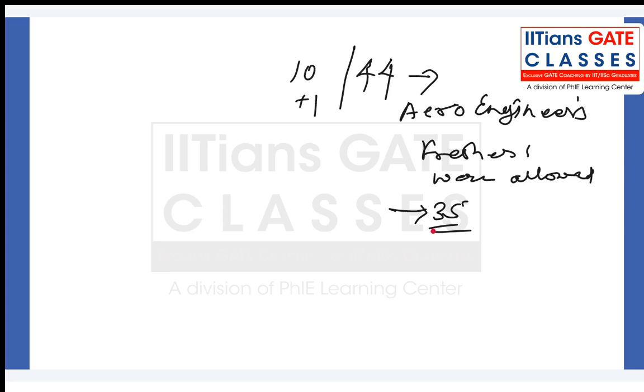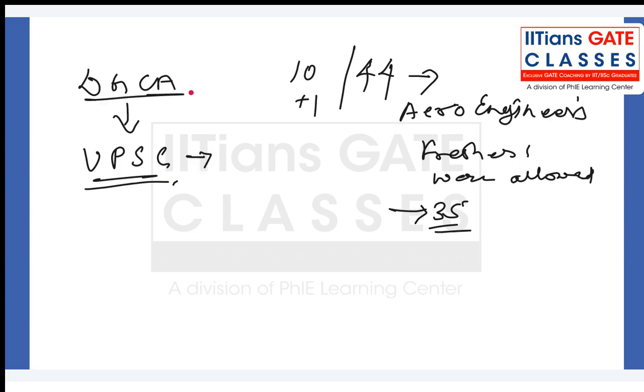Okay. And who conducted the DGCA exam, guys? DGCA exam conducted by UPSC. So you all know the standard of UPSC, the randomness of UPSC. And what is that job post? It's an Officer A level job.